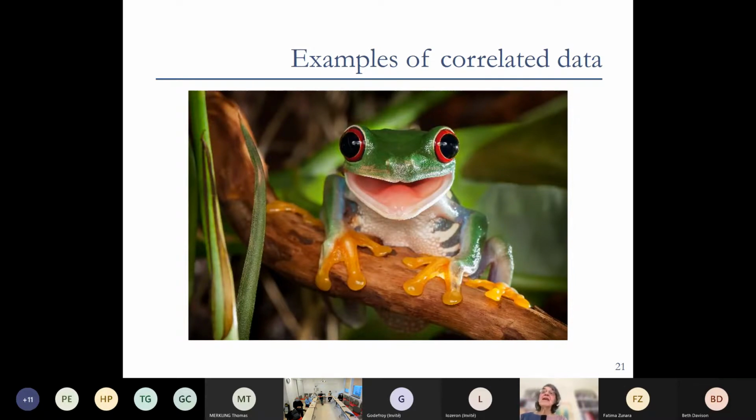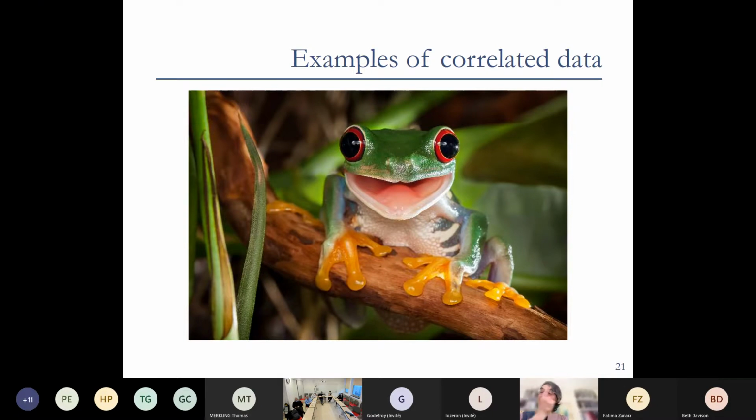The experiments I'm going to show you are, well, the first one is fake data, but it comes from an example that I faced really recently. The animals whose data I saw were not frogs, but they were eyes. So it's similar, but I use frogs because they have such wonderful eyes.